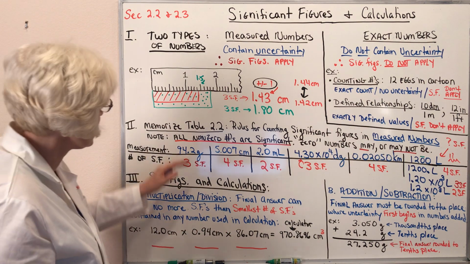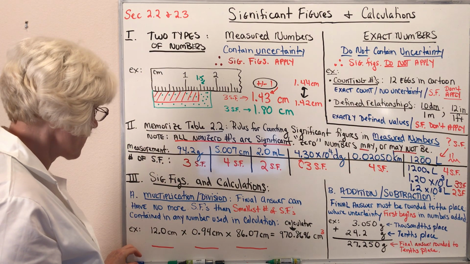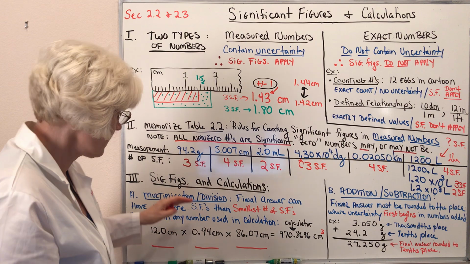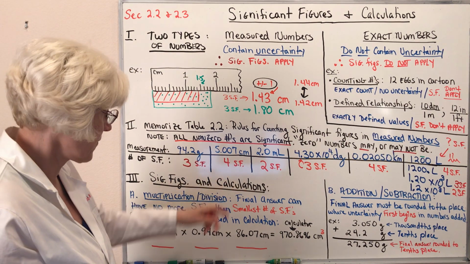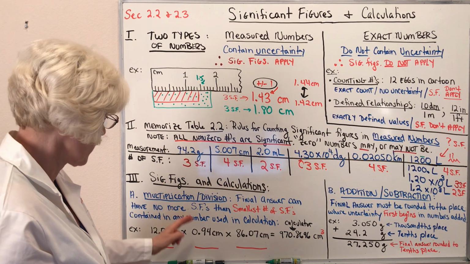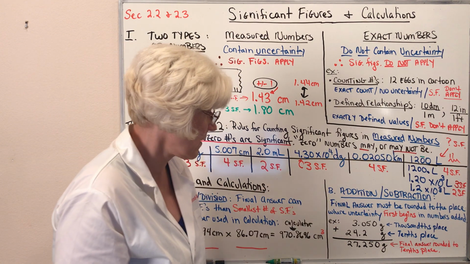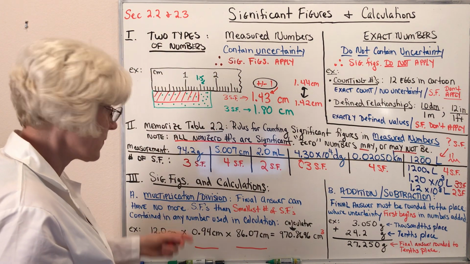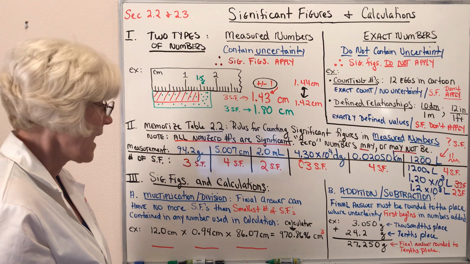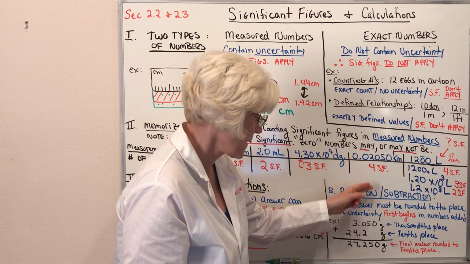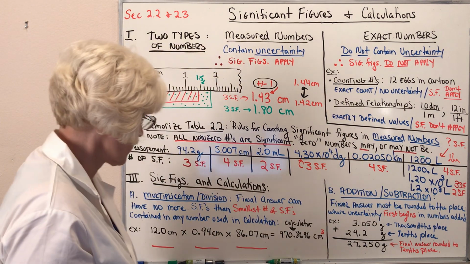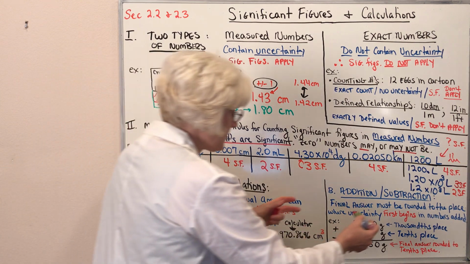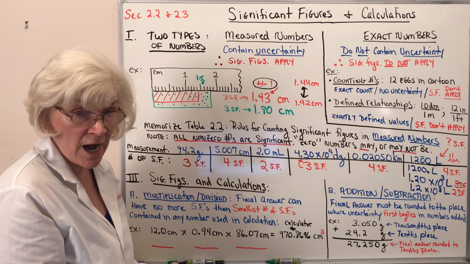Let's take a look now at section 2.3, which involves how we evaluate sig figs in an answer from a numerical calculation. And again, there are 2 different types of calculations we'll be doing, either multiplication or division, and second category, addition or subtraction. So multiplication, division versus addition and subtraction.